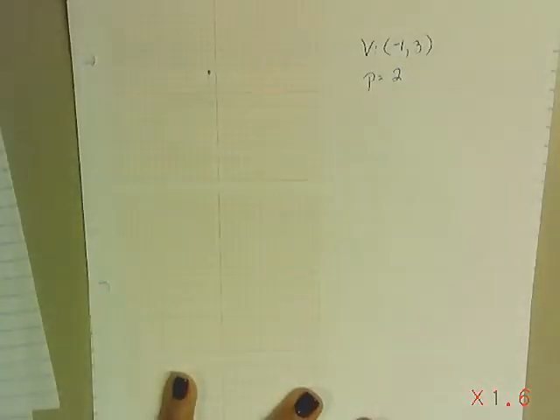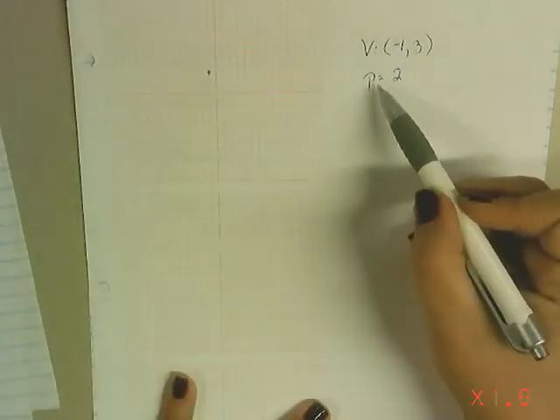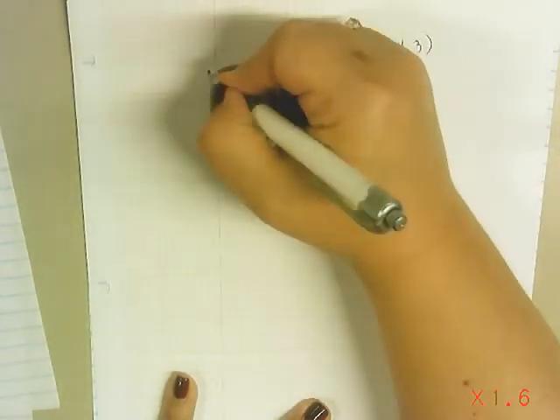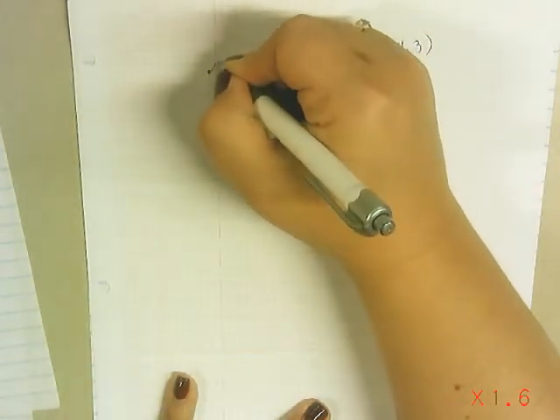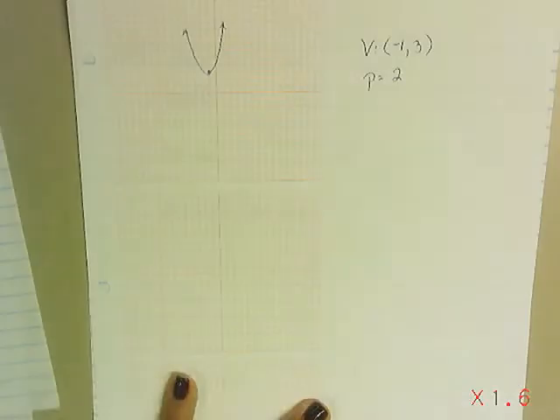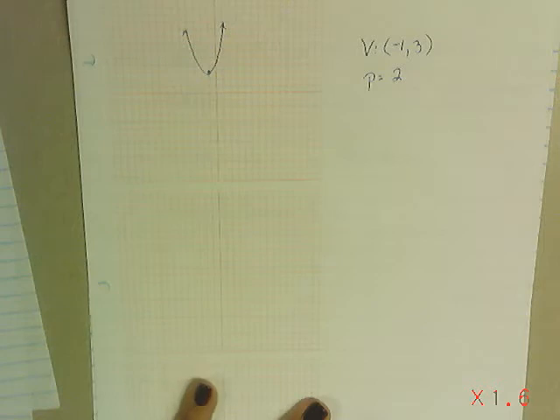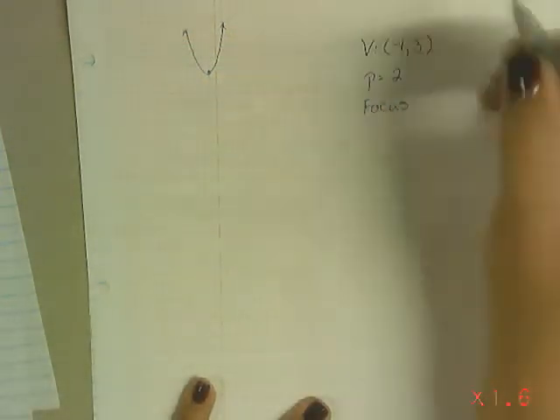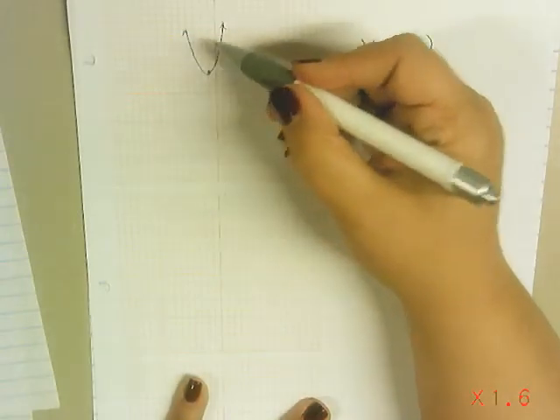There's my vertex. My parabola is going to open up. So my parabola is going to go approximately like this. My focus is going to be a point inside my curve, just like it is on a hyperbola.